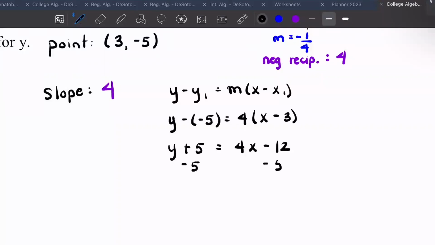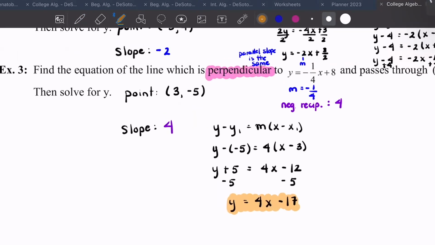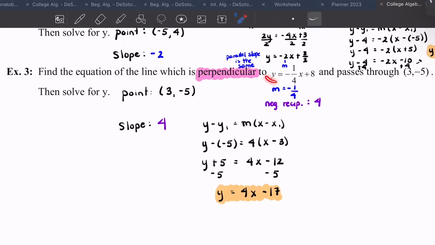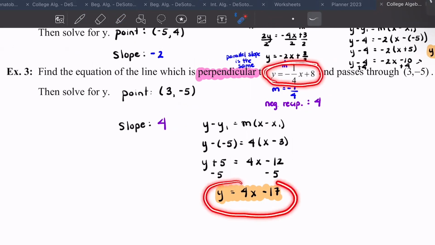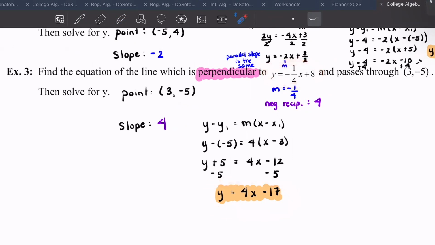Subtract 5. And we get y equals 4x minus 17. So what I'm saying is that if I plotted this line on a coordinate plane, and then I plotted this line on a coordinate plane, they would be perpendicular to one another, meaning that they would make a right angle.